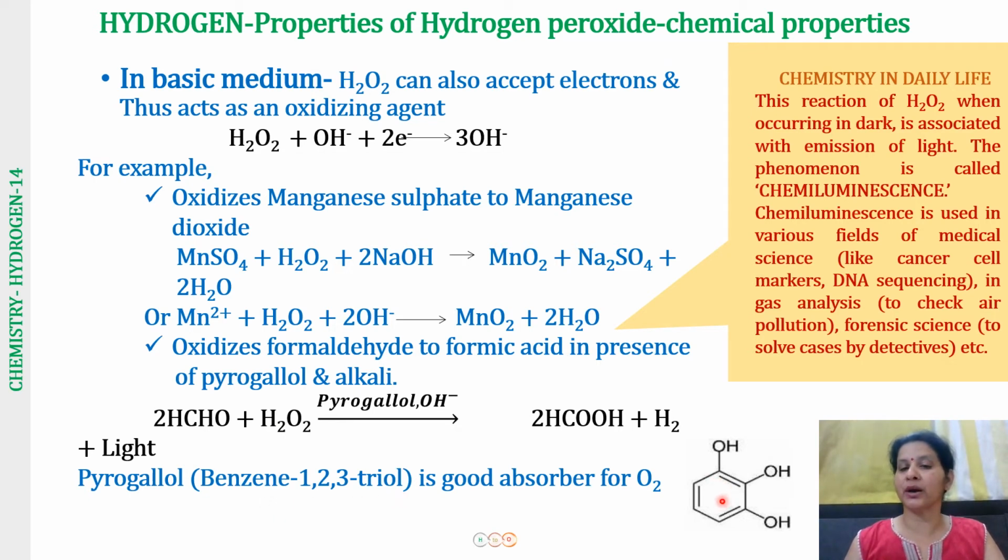The structure is over here. This is benzene, with positions 1, 2 and 3 occupied by 3 OH groups. This is benzene 1,2,3-triol, and it is a very good absorber of oxygen.